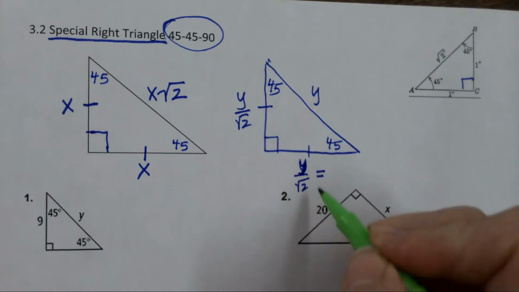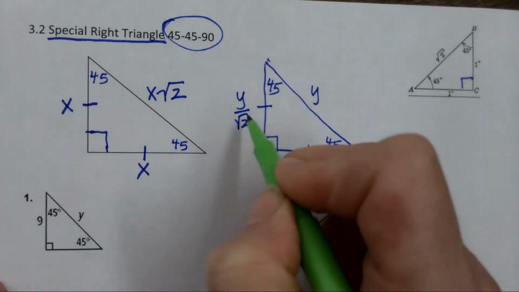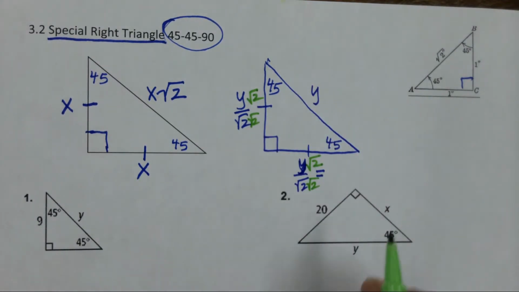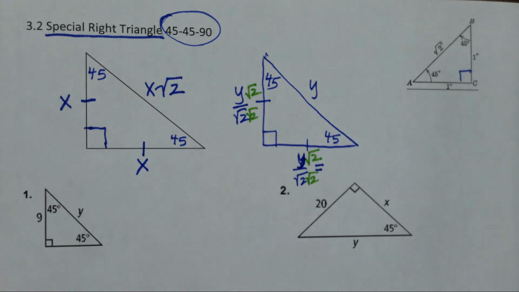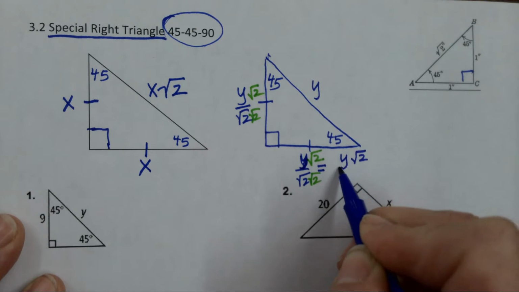The denominator, yep, so I square the denominator. So this becomes y times the square root of 2 over 2.